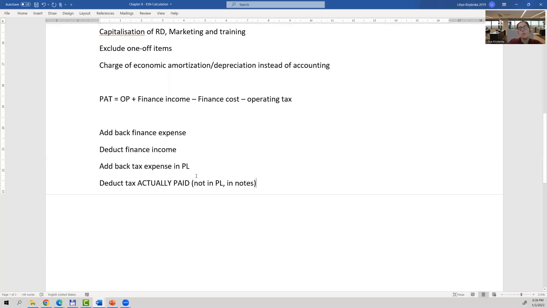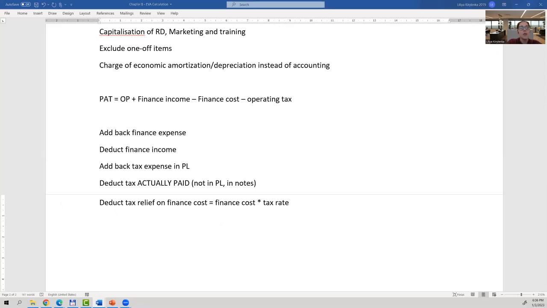And then we will deduct tax relief on finance cost. And tax relief on finance cost is going to be finance cost multiplied by tax rate. See, finance cost and finance expense is the same. Sometimes you will get it called finance cost, sometimes finance expense. Totally the same thing.